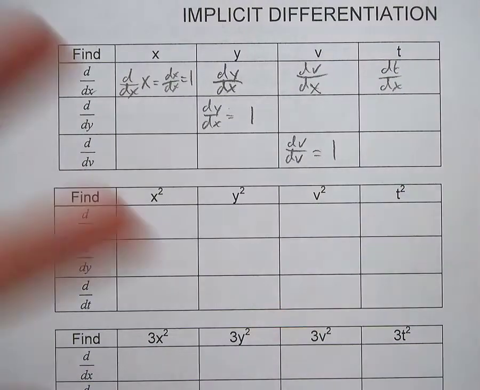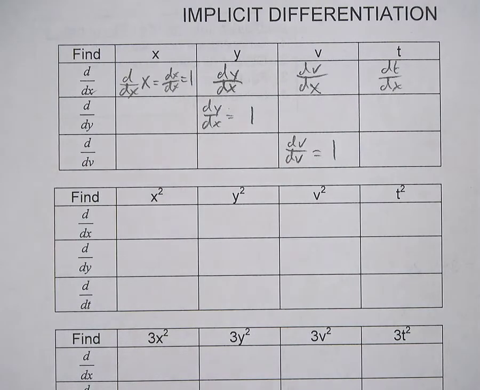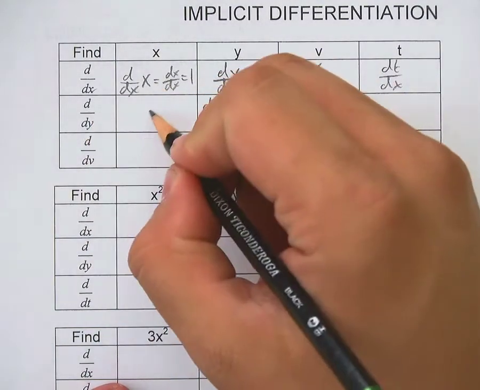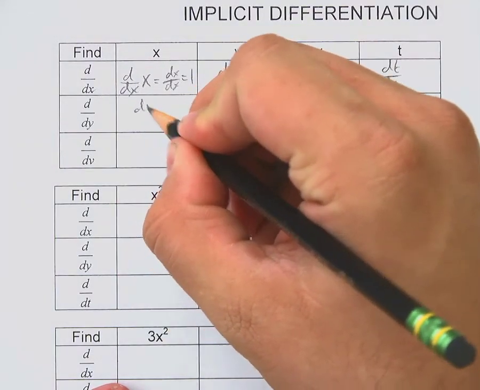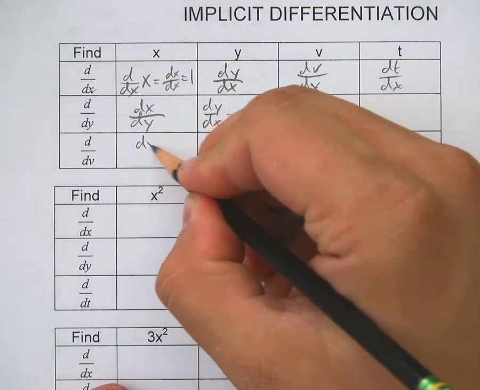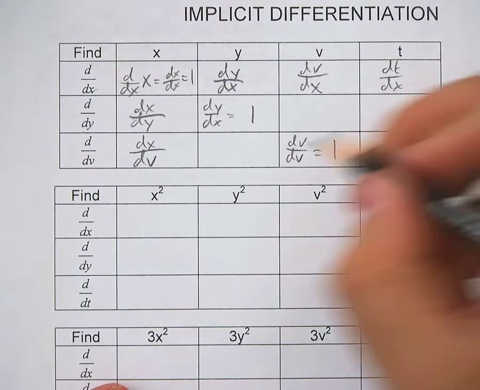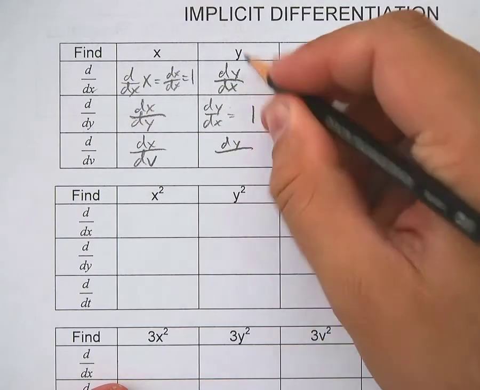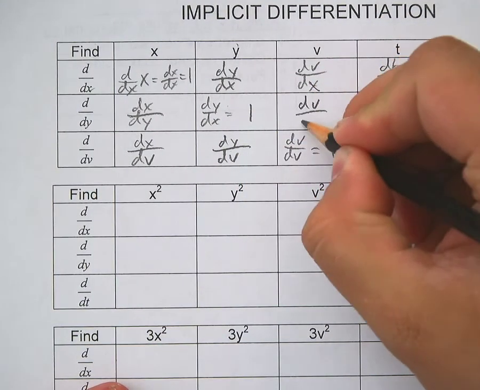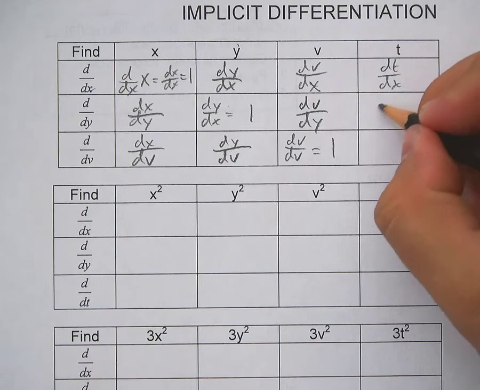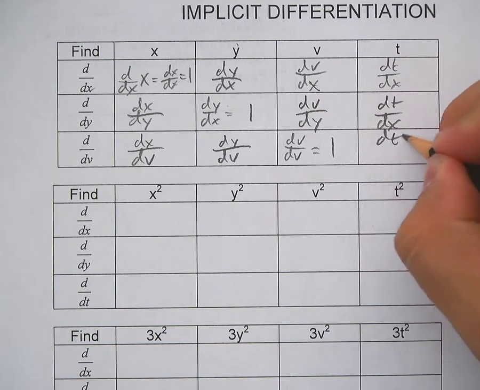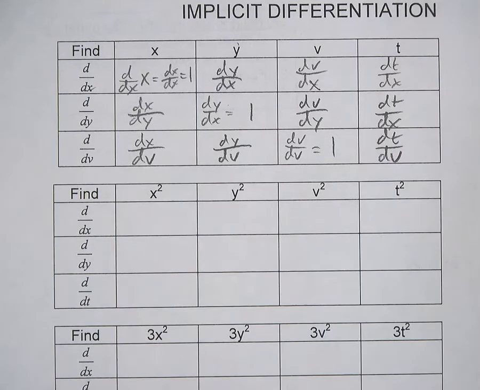And you can fill in all of this just going off of that little bit of information: the derivative of x with respect to y, the derivative of x with respect to v, the derivative of y with respect to v, the derivative of v with respect to y, the derivative of t with respect to x, and the derivative of t with respect to v.